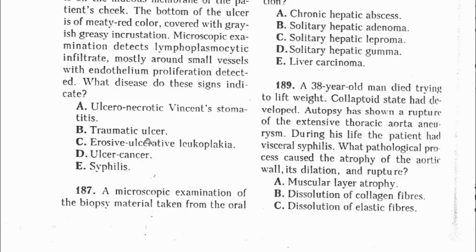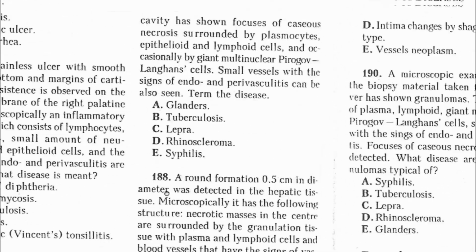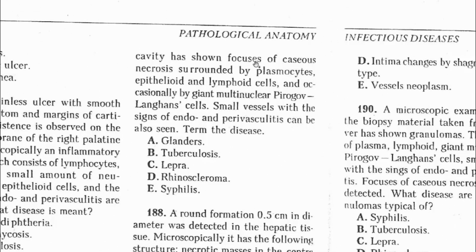87. A microscopic examination of the biopsy material taken from the oral cavity has shown focus of caseous necrosis surrounded by plasmocyte, epithelioid, and lymphoid cells, and occasionally by giant cells. Small vessels with the signs of endo- and perivasculitis can be seen.